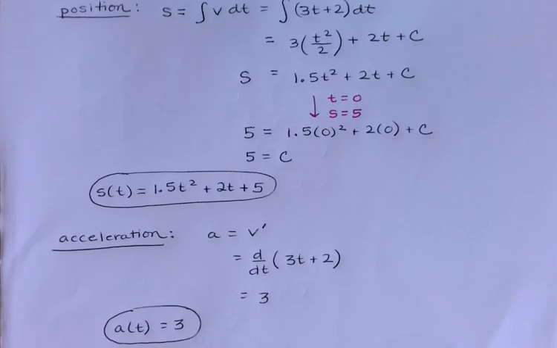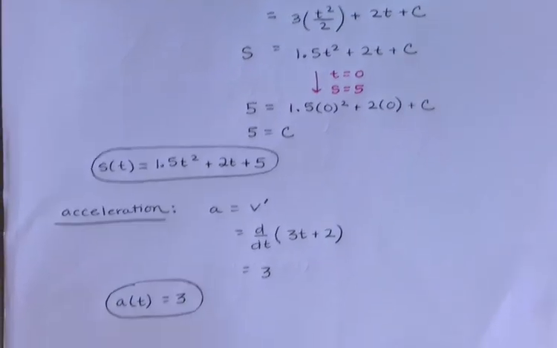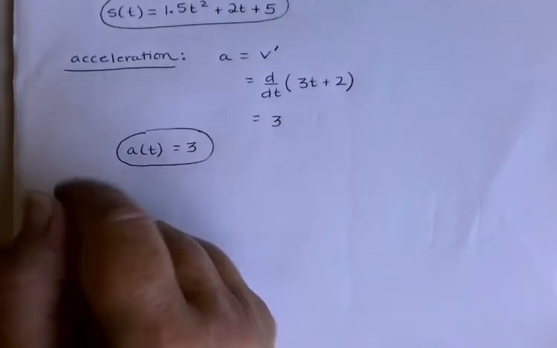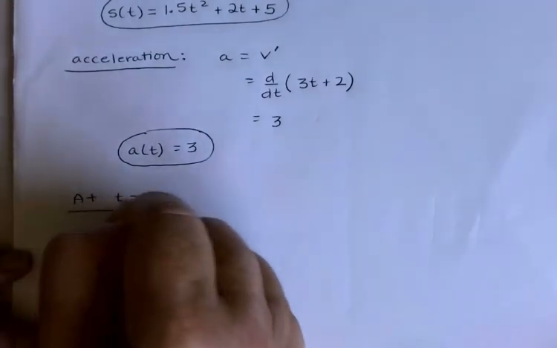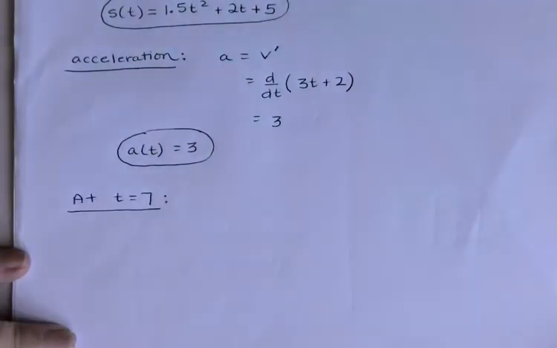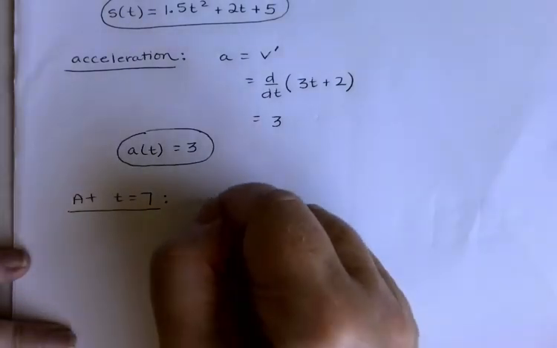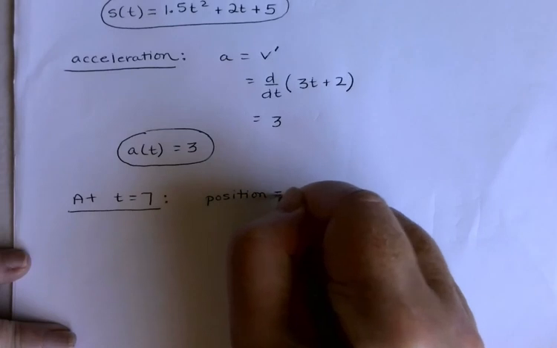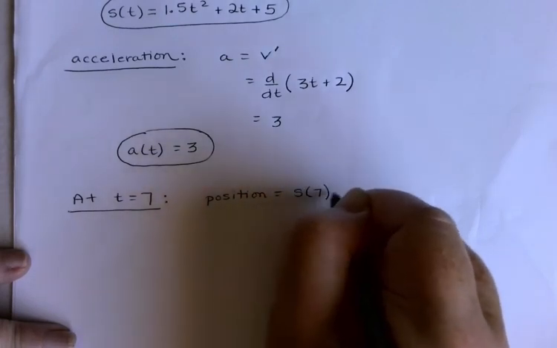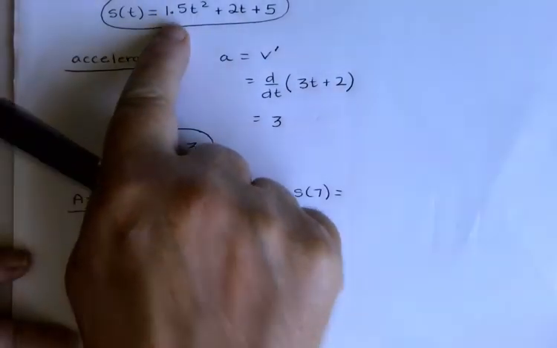All right, the last part of this asked us to evaluate position, velocity, and acceleration, all at time 7 seconds. So at t equals 7, the position, s of 7, I'll just plug 7 into there.